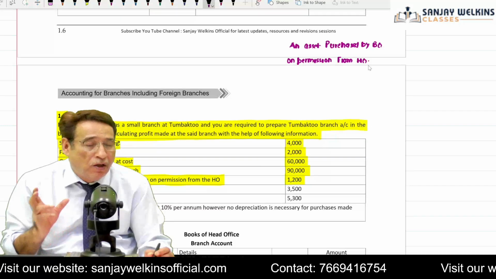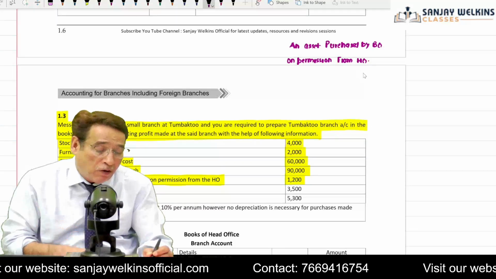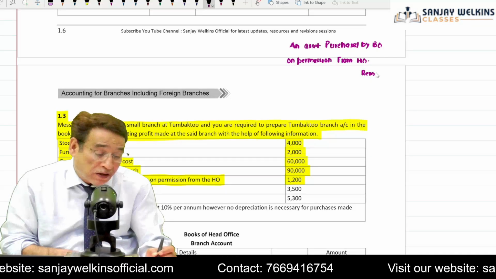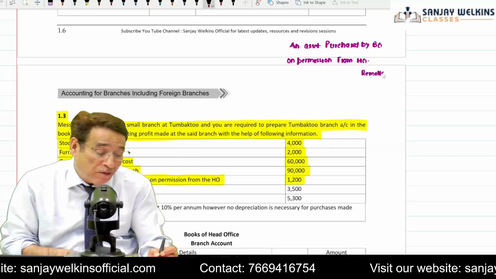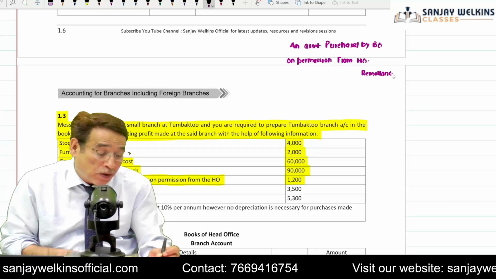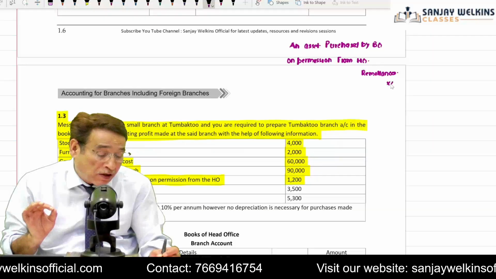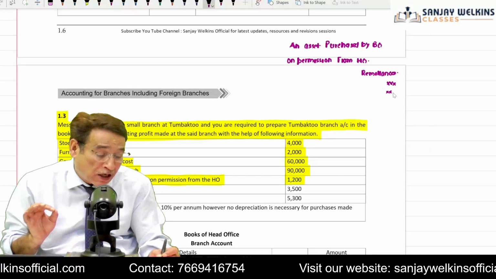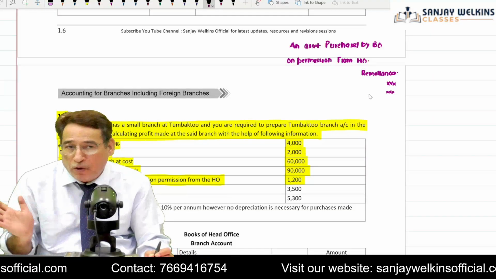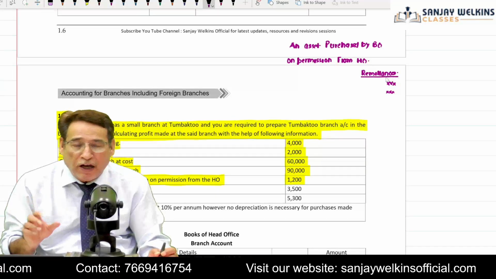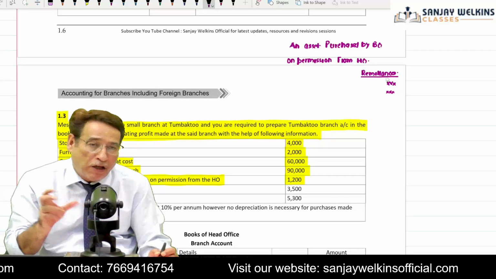So indirectly what will happen now, later on when I am going to write remittances, correct? Remittances, I have already told you, means total cash collected by branch through cash sales and cash receipt from debtors and sent back to head office. So remittances basically reflects the amount of cash which will be sent by branch to head office.